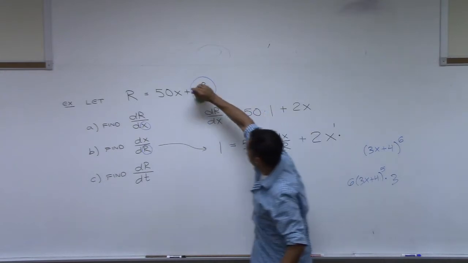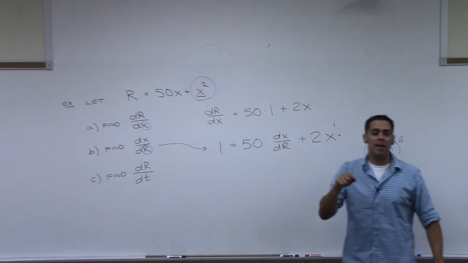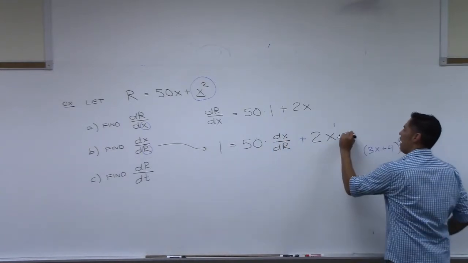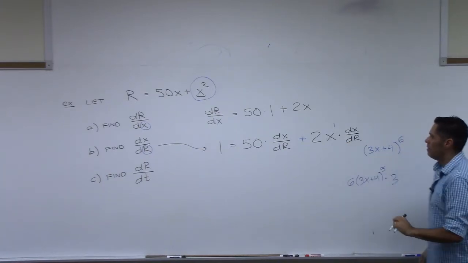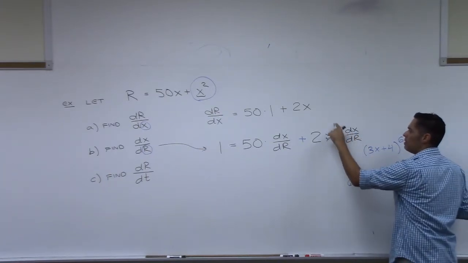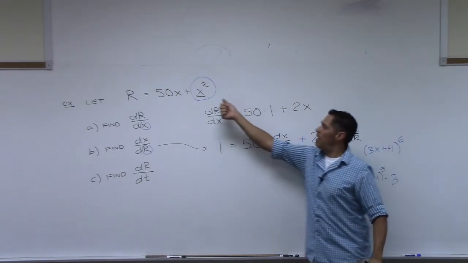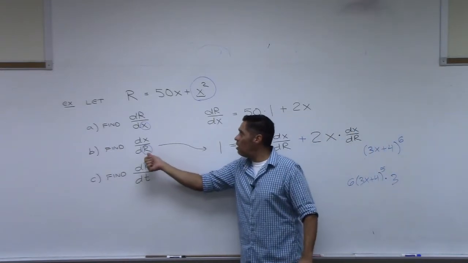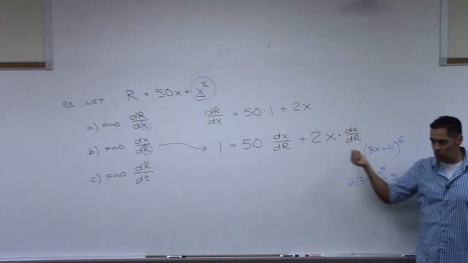So what is the actual derivative of what's in there? What's the derivative of x with respect to r? dx/dr. And that gets slapped on to the end of this. That's the tricky part, the fact that this thing pops out. When you take the derivative of x squared, normally you're like, 2x. But when you're differentiating with respect to capital R, you get this dx/dr that pops out because of the chain rule.